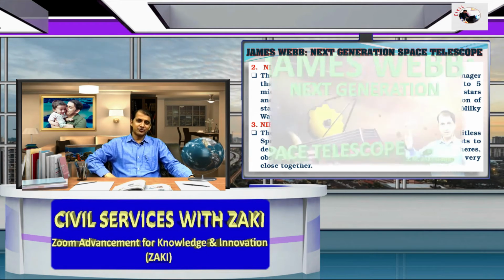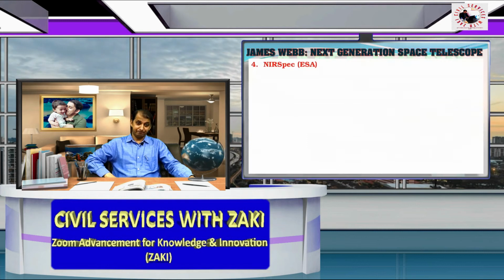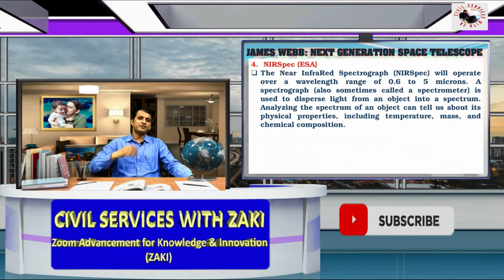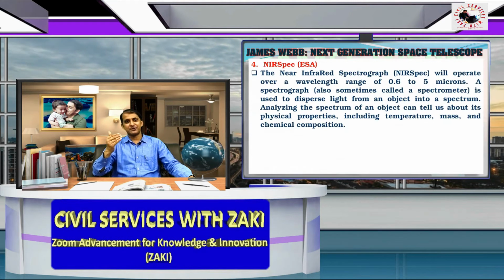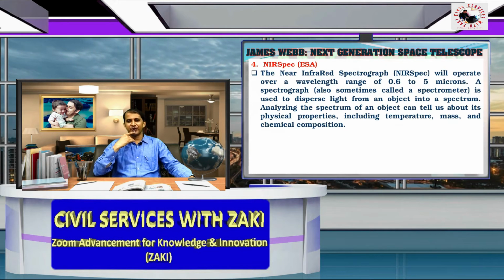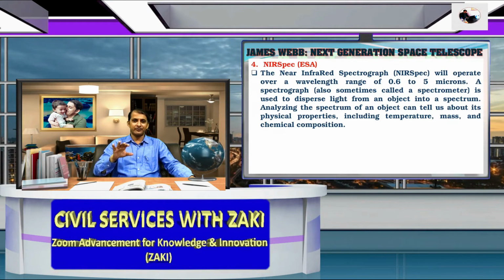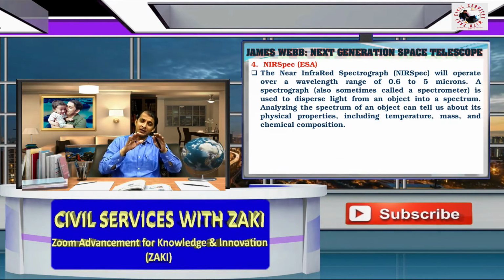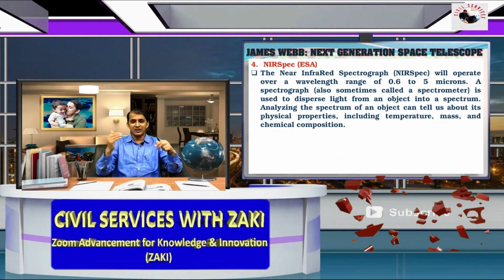And the fourth instrument is called NIRSpec. It is basically from ESA, the European Space Agency. The near-infrared spectrograph will operate at wavelengths of 0.6 to 5 microns. A spectrograph is also sometimes called a spectrometer.